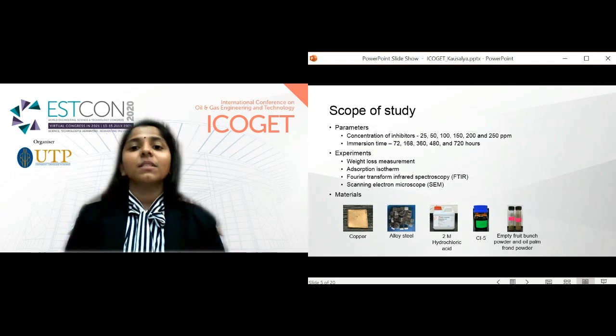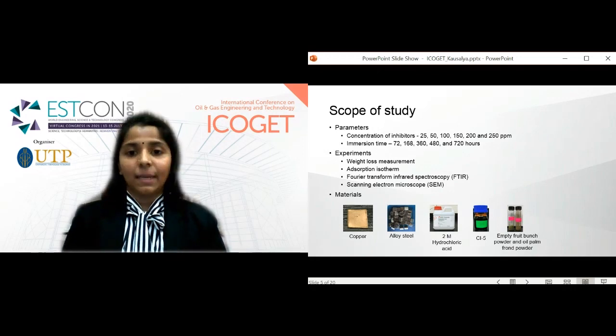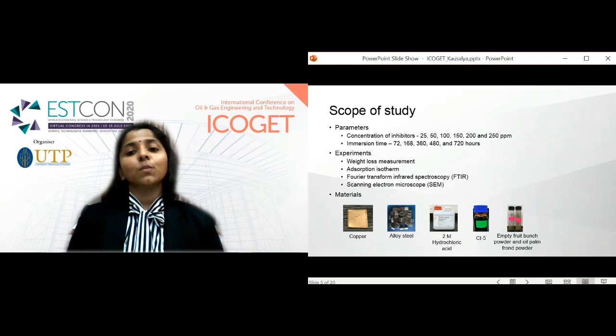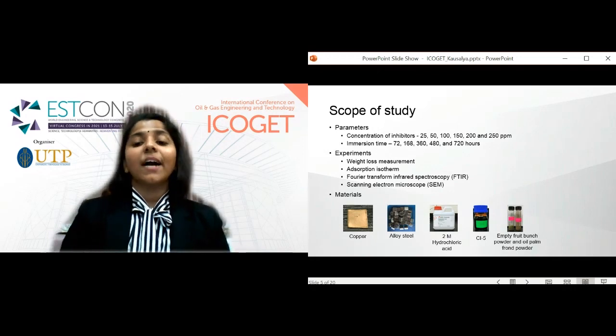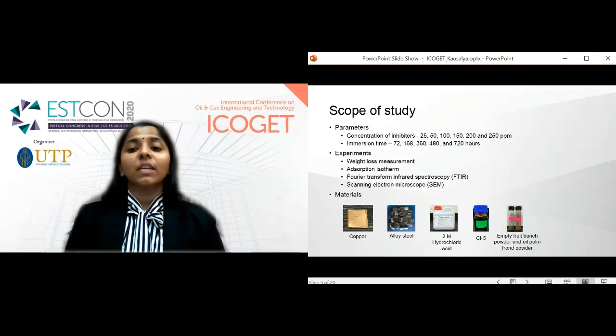The experiments conducted throughout this research were weight loss measurement, adsorption isotherm, and testings like FTIR and also SEM. The materials used for this research were copper, alloy steel, hydrochloric acid, conventional inhibitor CI5, and also the biomass waste such as empty fruit bunch powder and oil palm frond powder.